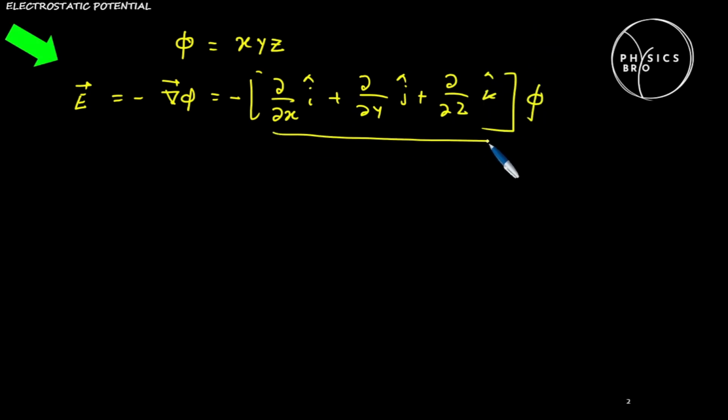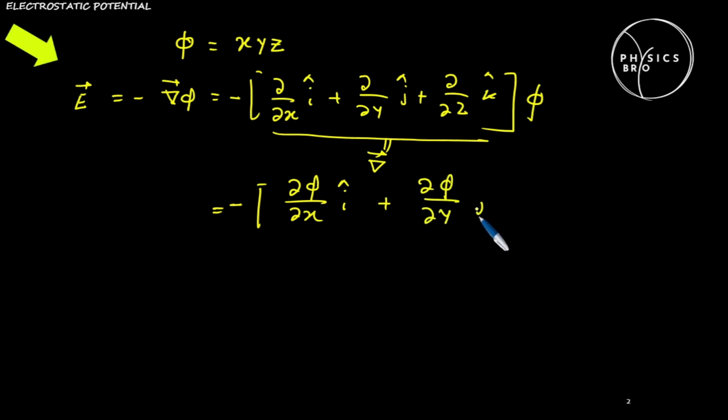So this whole thing is called the gradient. We will just operate it, a very simple operation: del phi by del x i cap plus del phi by del y j cap plus del phi by del z k cap.